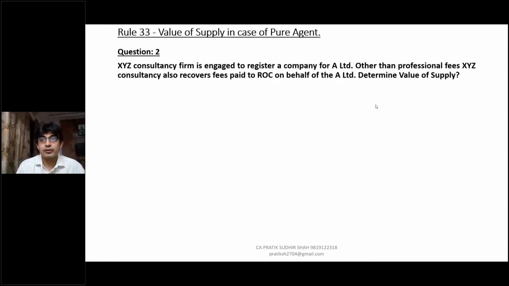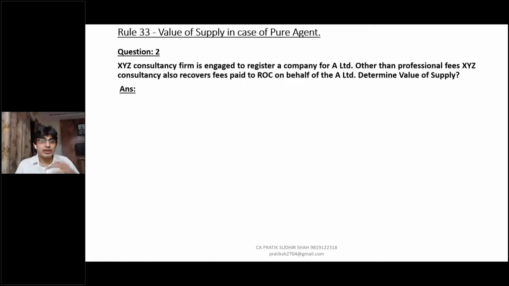Other than professional fees, XYZ consultancy also recovers fees paid to ROC on behalf of A Limited. Whenever you register a company on MCA, you pay certain charges, like name registration, Form 8, Form 4, something like that. So XYZ has paid that on behalf of A Limited. It is asking to determine the value of supply. So what did XYZ do?